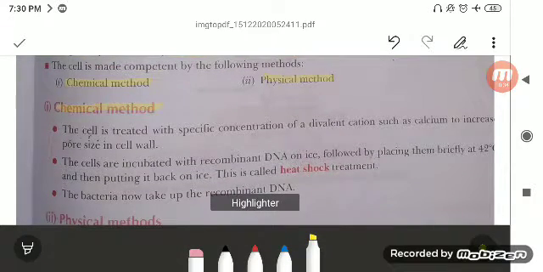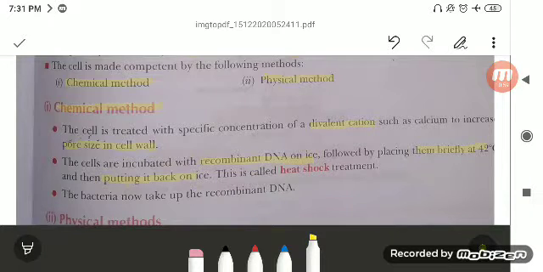It is also known as the vector method. The cell is treated with a specific concentration of divalent cations such as calcium to increase the pore size in the cell wall. The cells are incubated with the recombinant DNA on ice, followed by placing them briefly at 42 degrees centigrade and then putting them back on the ice.